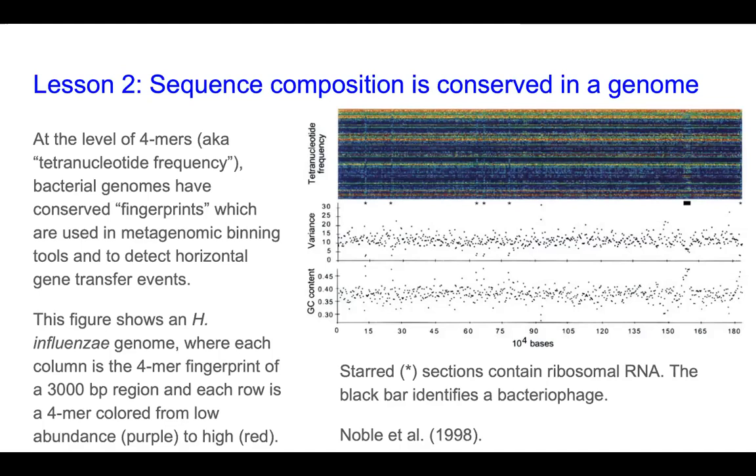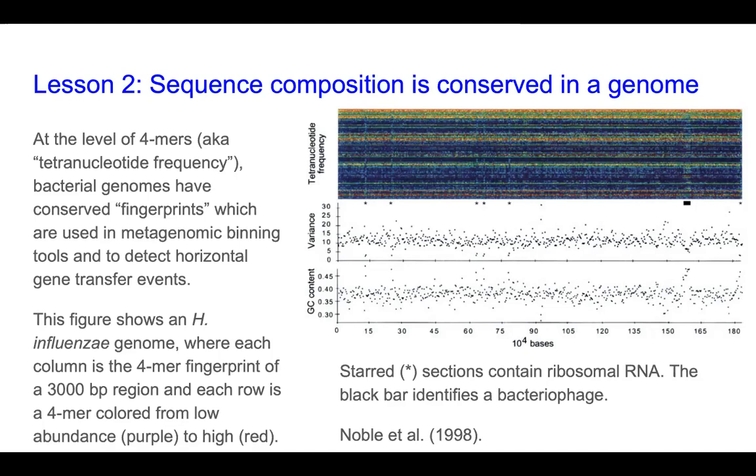This slide from a 1998 paper also shows one of the issues with that. There can be genomic islands, like the one shown by the black bar on the right-hand side of the figure, that have different composition and therefore might not group with the rest of the genome, even though they clearly do belong there.